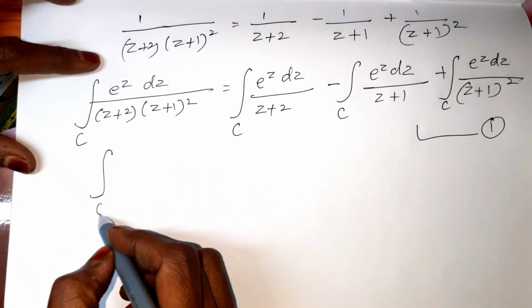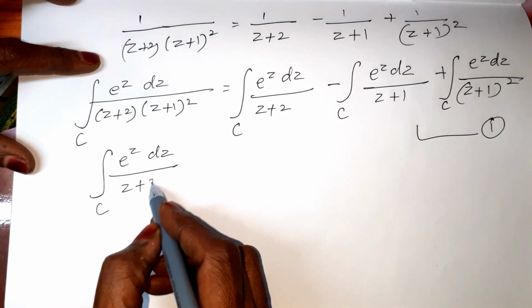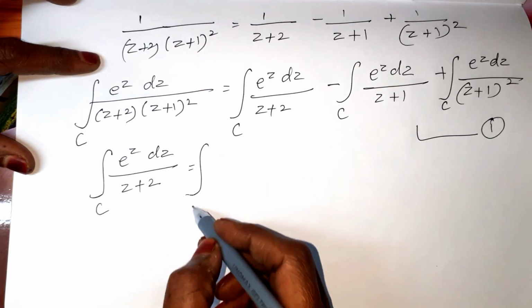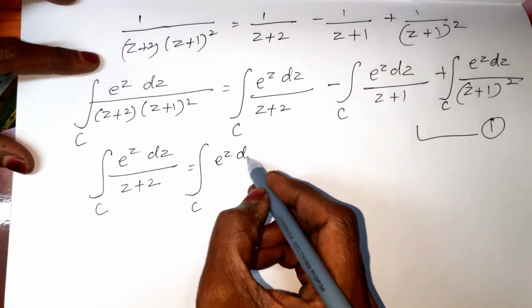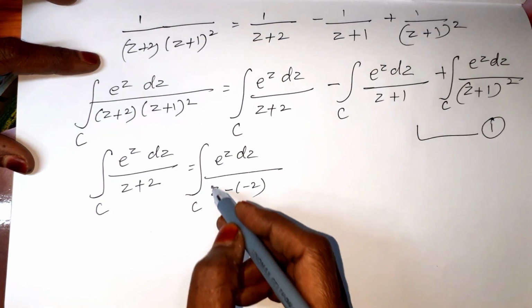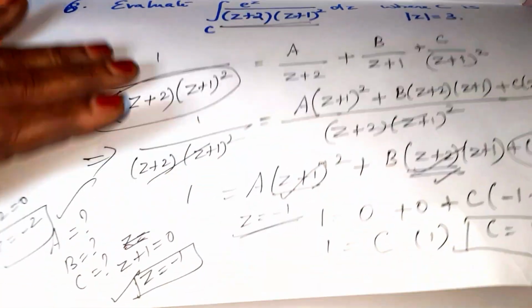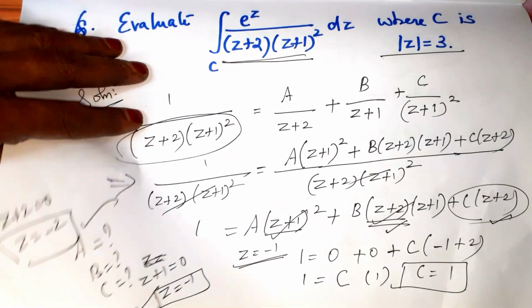So first I am going to evaluate the first term, e power Z dz by Z plus 2. This can be written as integral over C e power Z dz by Z minus of minus 2. What is the curve given? Mod Z equal to 3.